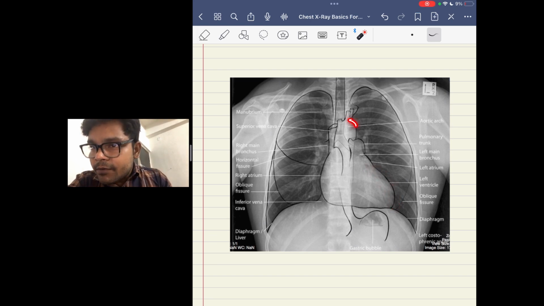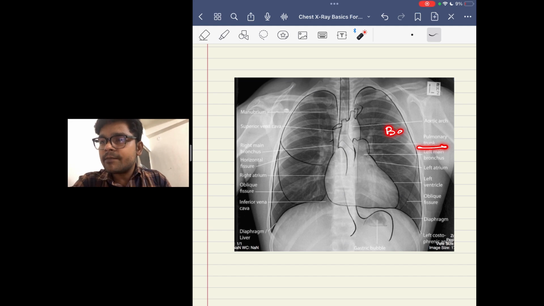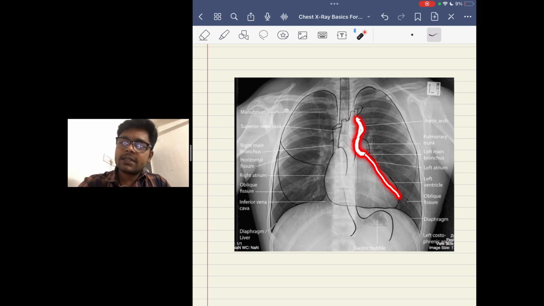And this is the aortic arch or the aortic knuckle. This is the area of the pulmonary trunk, also known as the pulmonary bay, right? The shape is a bit concave here, and this is a convexity outwards. So aortic knob, then the pulmonary bay, and now the left heart border.